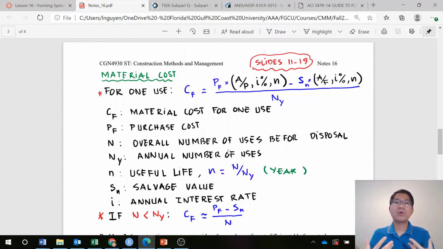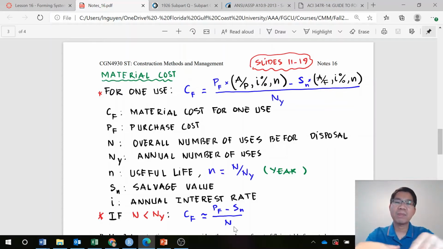So in this case, we make life easier and ignore the interest within a year. It becomes just PF minus SN divided by the number of uses. This is the purchase cost minus the service value, which is basically the actual amount you put out in that year, divided by the overall number of uses, so you can get the material cost for one use. That explains why we have this kind of equation.